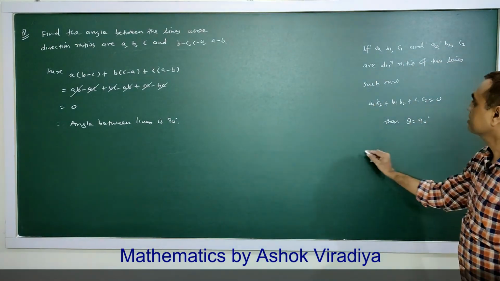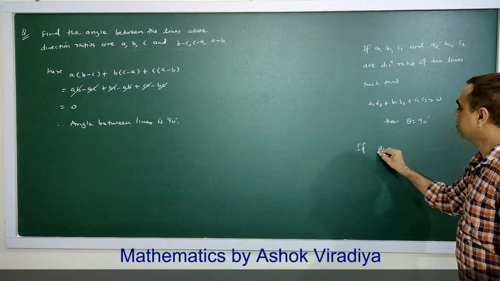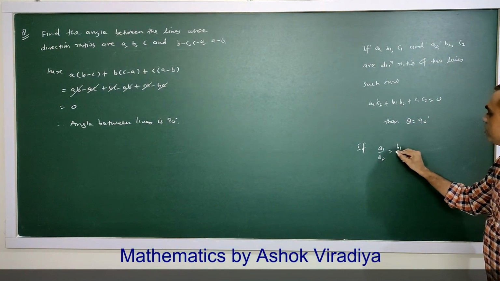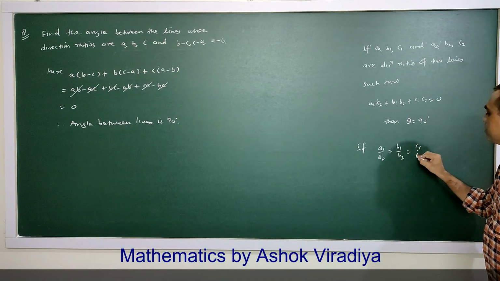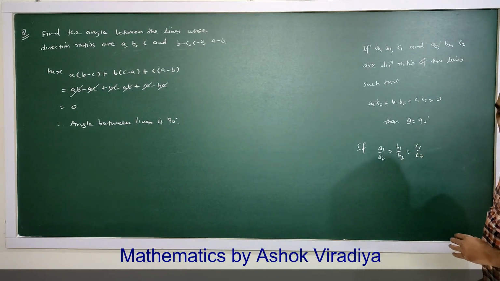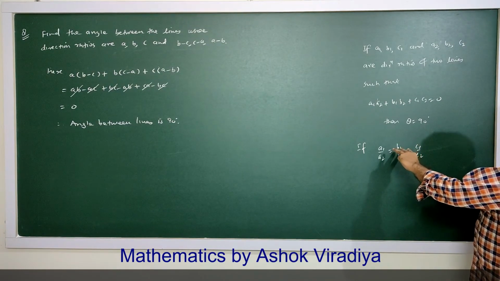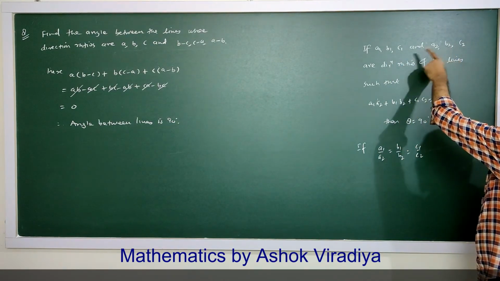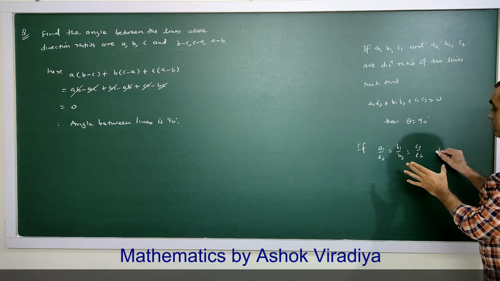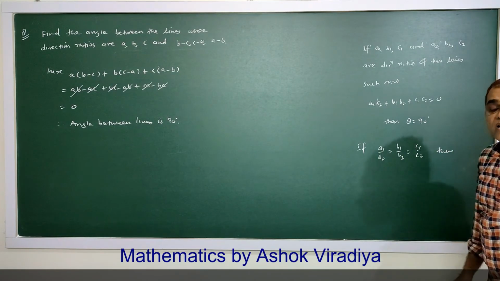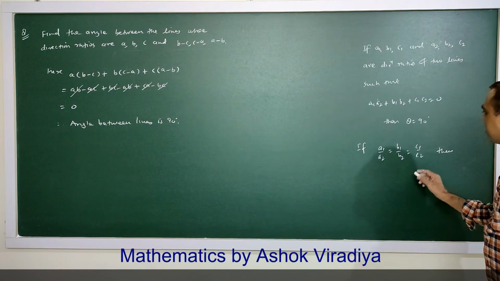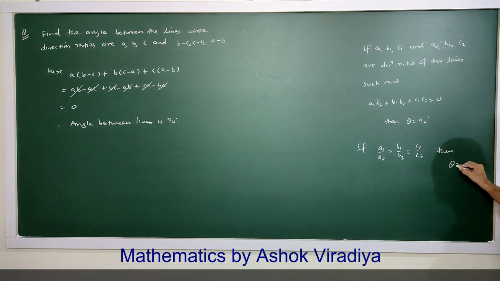In this case, that was about the product. Now, if A1 upon A2 equals B1 upon B2 equals C1 upon C2, if the ratios are equal, then the lines are parallel, so we take theta equal to 0.